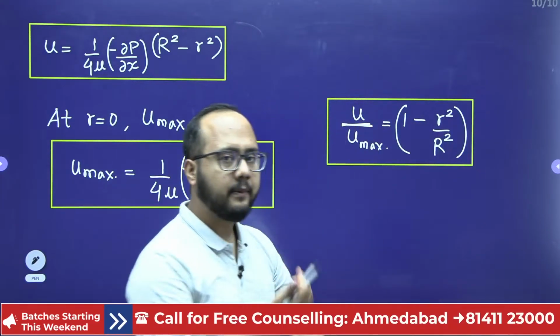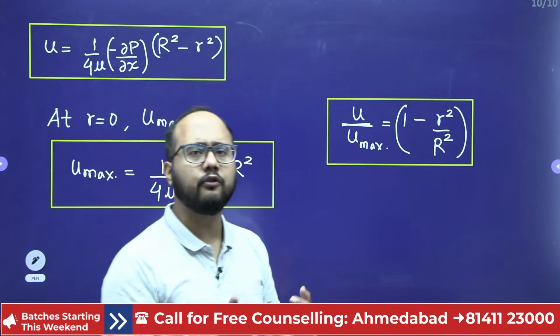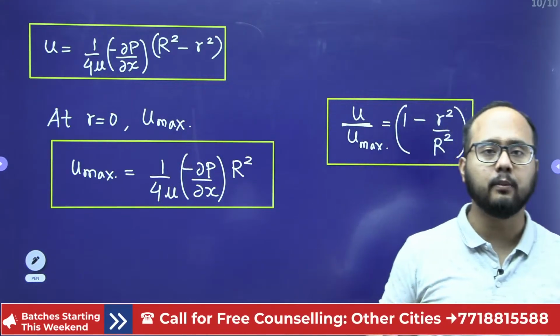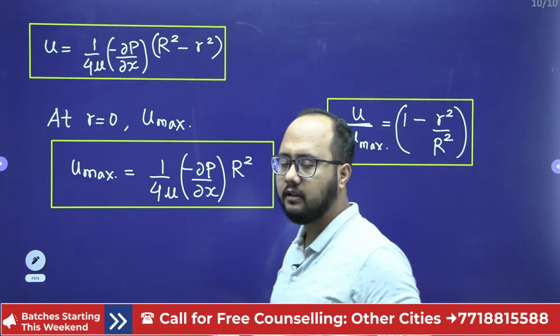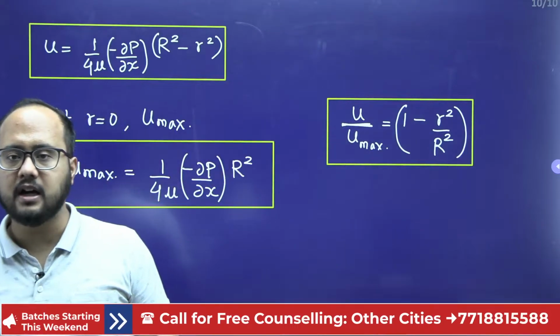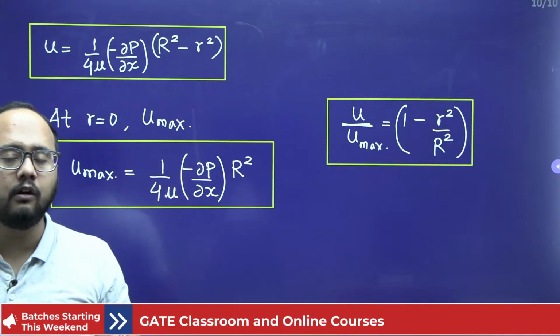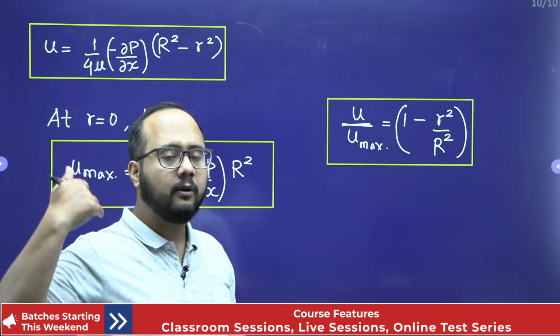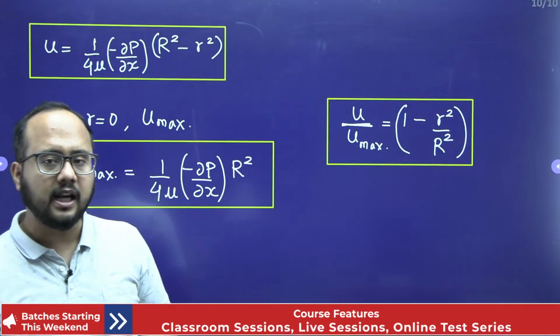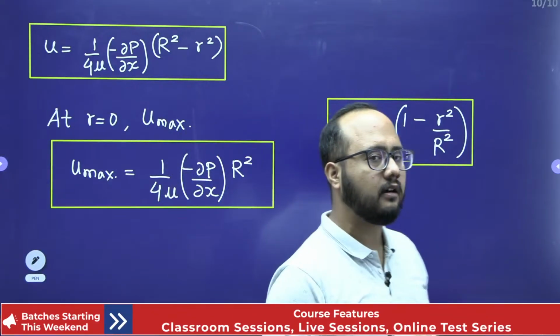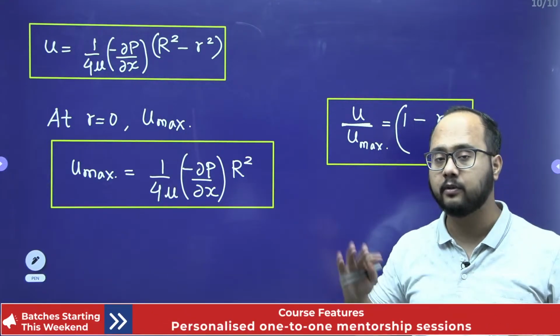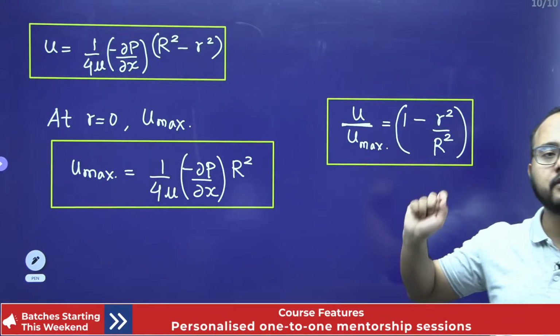See, in laminar flow through a circular pipe, there are a lot of formulas that we need to remember. The only way to remember all these formulas is to create a formula sheet in such a way that one by one the formulas come as a flow. So when you read, the entire set of formulas will be remembered.